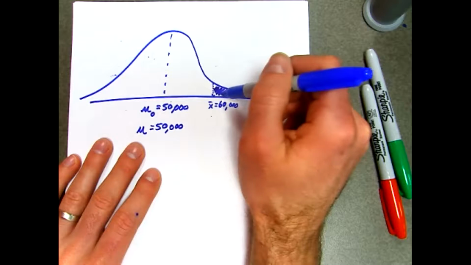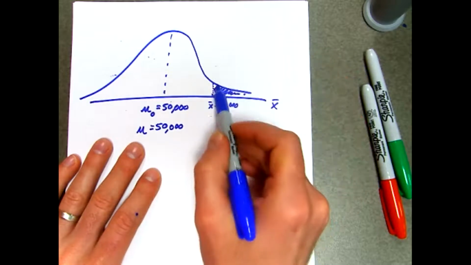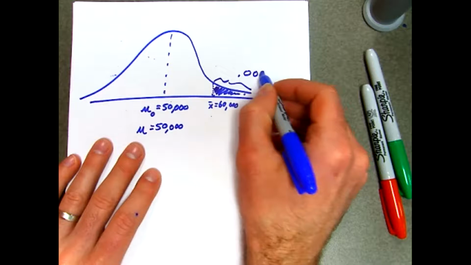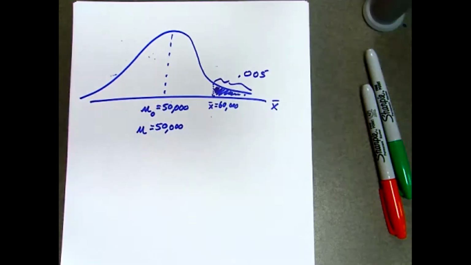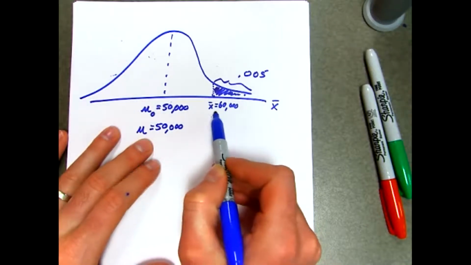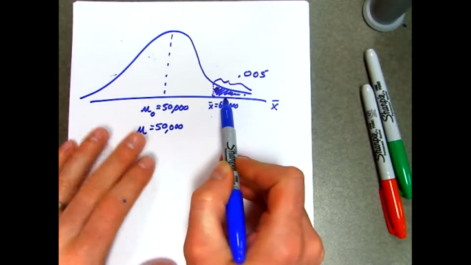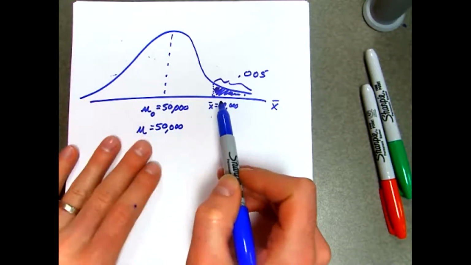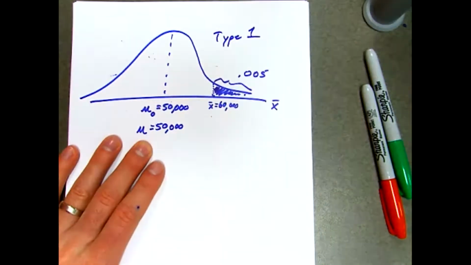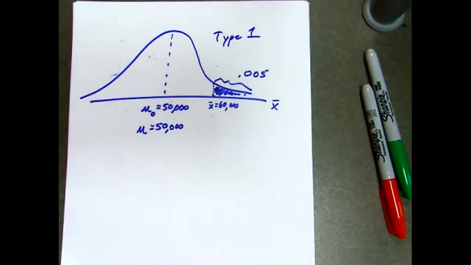So we will make errors. Maybe I find this probability and it's 0.005. It was very unlikely for me to see it, but it's not a zero probability. So I will sometimes see these sample means that are very unlikely, and I reject what I assume to be true even though it in fact is true. So that was my type 1 errors. I'm rejecting even though I shouldn't be.